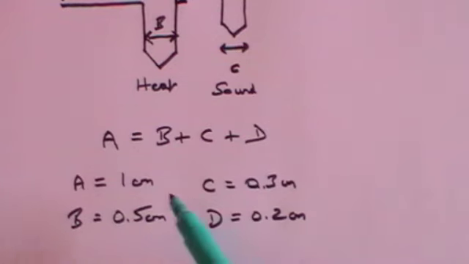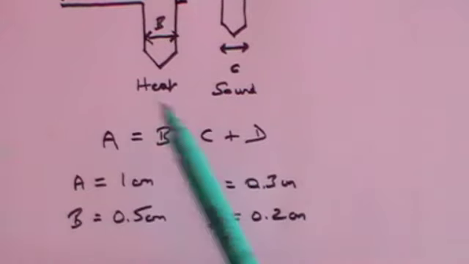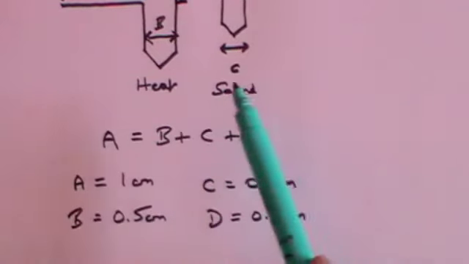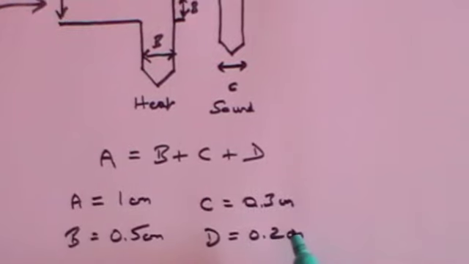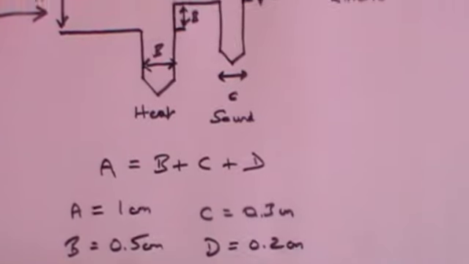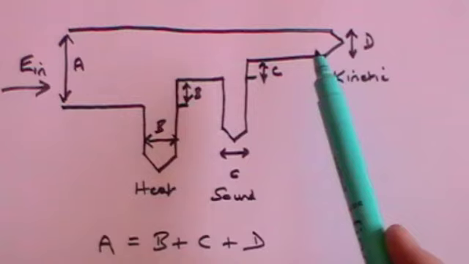What that would mean is that effectively 50% of your energy was coming out as heat, 30% was coming out as sound, and only 20%, because it's 0.2 compared to 1, was coming out as kinetic energy.